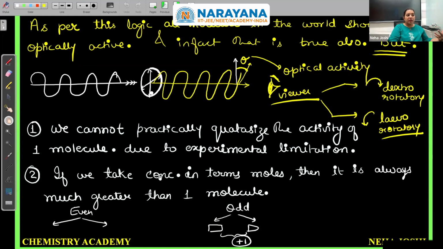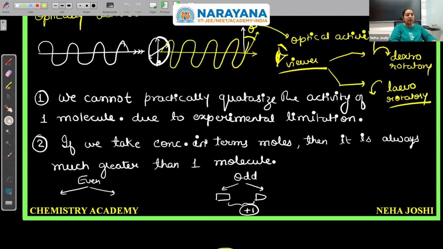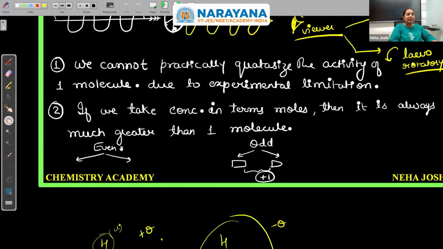So we can now start talking in these values of rotation, and for that we definitely need more than one molecule. If I take more than one molecule, either they are even or they are odd. If the molecules are superimposable, if the molecules are achiral, then one molecule's activity is cancelled by the other molecule.